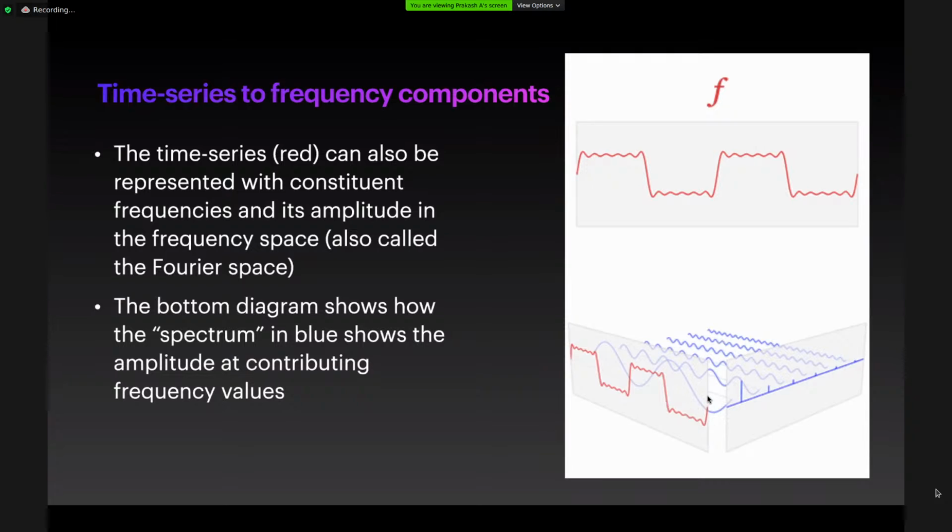But because we have this set of frequencies, sine curves that are reproducing the function, you can also plot what frequencies contribute how much towards it. So essentially the amplitude of the frequency that is contributing. And you see here in the blue axis the amplitudes for various frequencies in the form of a comb tooth sort of function. So in between frequencies are not contributing, only these discrete frequencies are contributing towards it. And you can reproduce the time series perfectly.